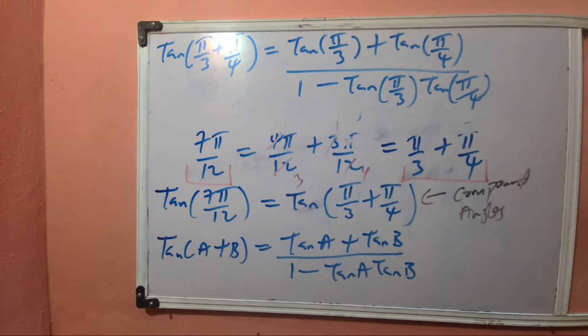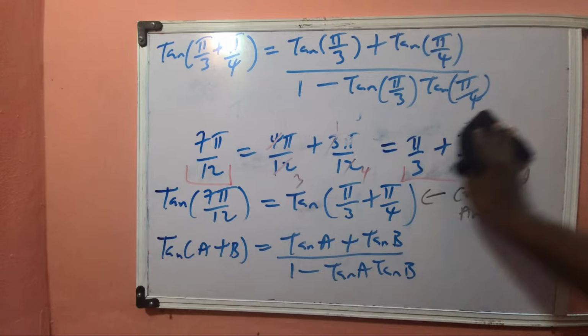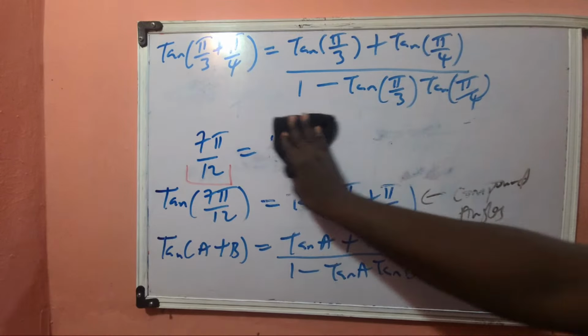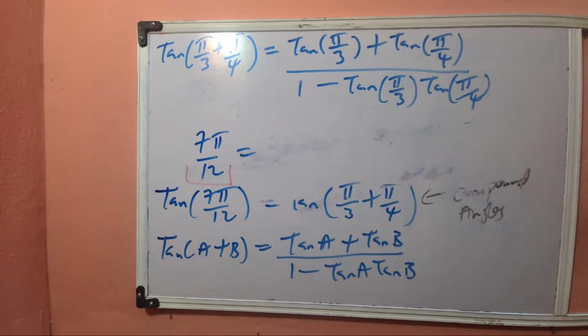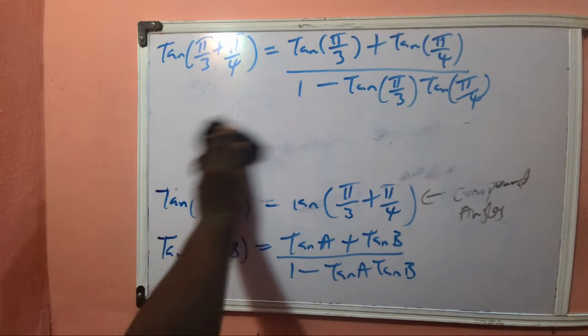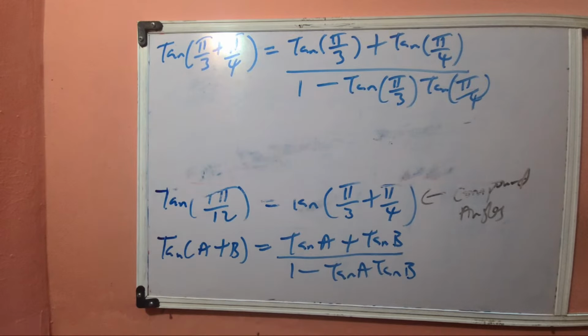All right, you can see exactly what we have to do now. This is why you must know your compound angles, because it's really coming in handy at this point. Okay, so what do we have to do next? I think this was a 4 marks question, by the way.